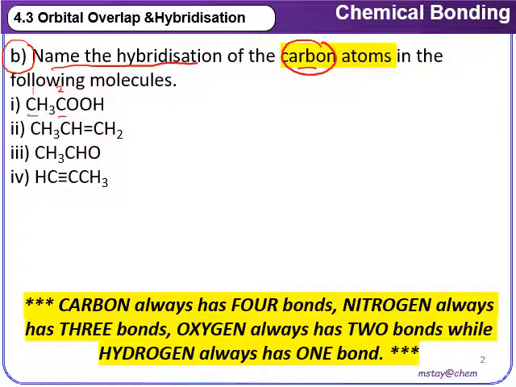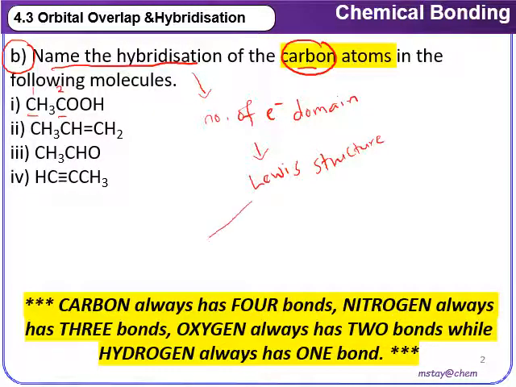Before we can determine the hybridization, we need to know the number of electron domains or electron groups, which means we have to draw the Lewis structure. You can keep in mind that carbon always has 4 bonds, nitrogen always has 3 bonds, oxygen 2 bonds, while hydrogen 1 bond.